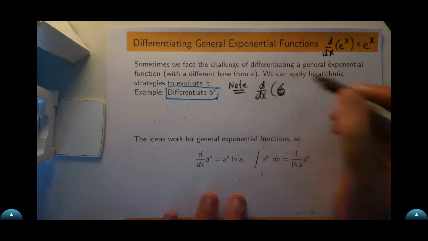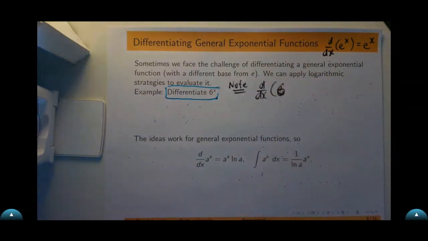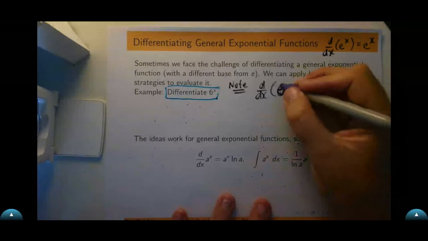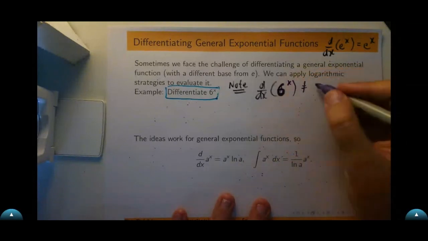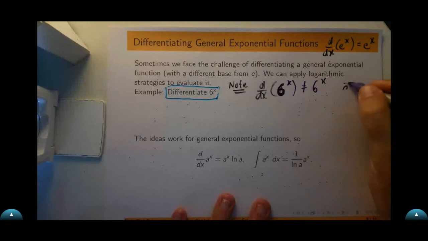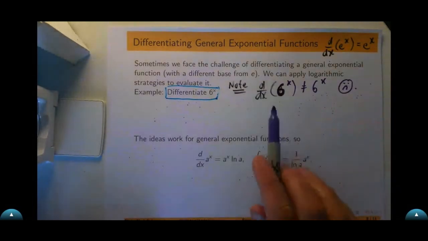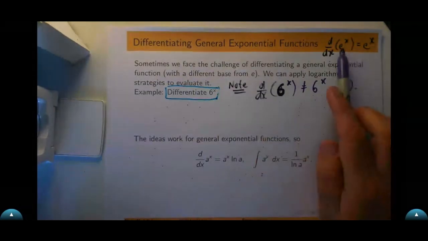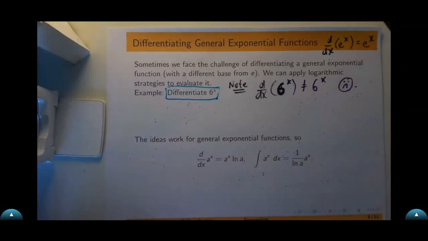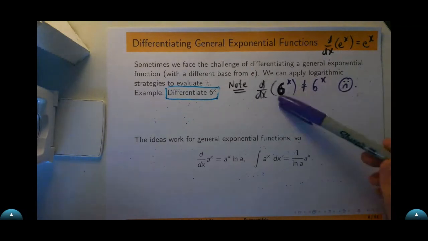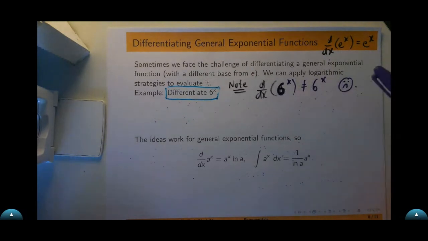That's a 6. If you differentiate an exponential with a different base from e, this is not true. And lots of students make that mistake.